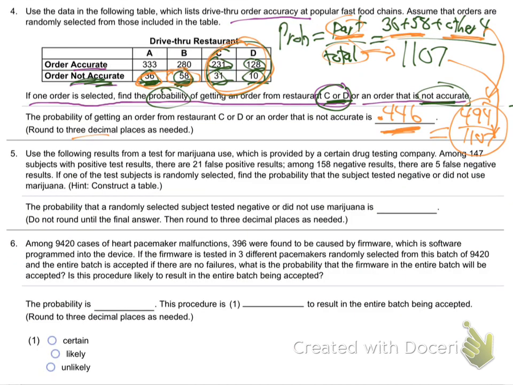That's what this section's about: and, or, and the difference. See back here on number 4, we wanted restaurant C or D or not accurate. We add those up. Or means add.